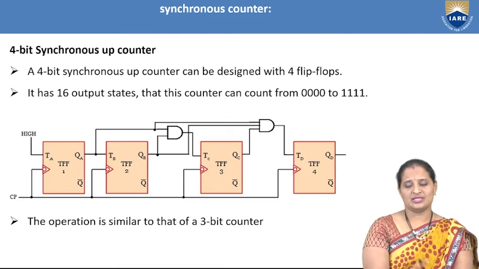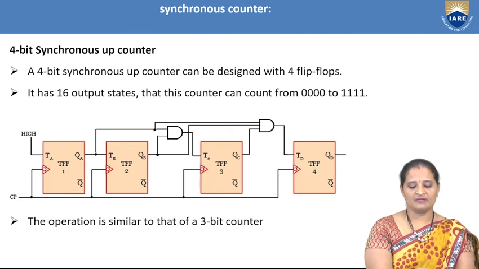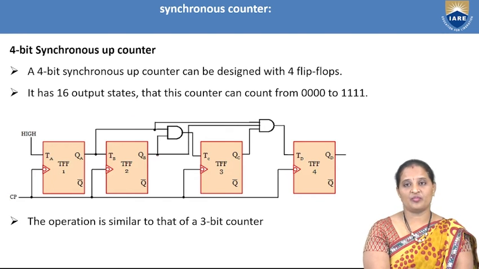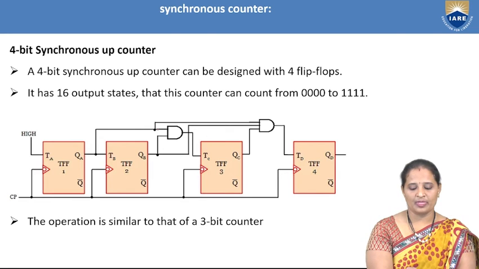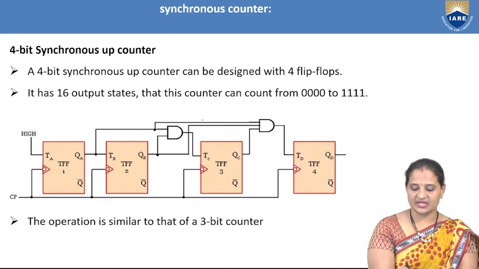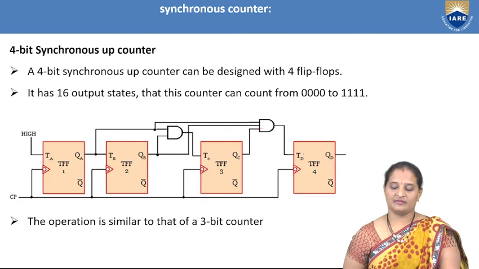So here, similar to the 3-bit synchronous up counter, the first flip-flop output and second flip-flop output are ANDed together and given as input to the third flip-flop. All 3 flip-flop outputs, the first, second and third, are ANDed together and given as input to the fourth flip-flop.